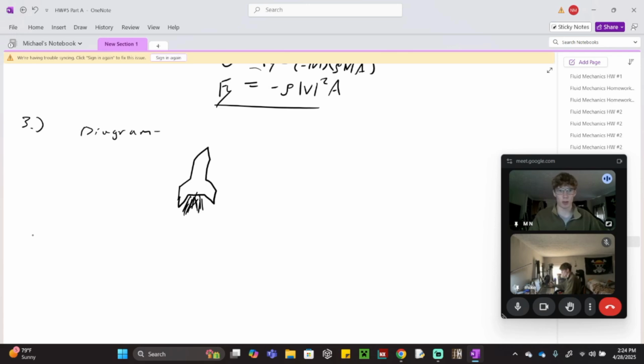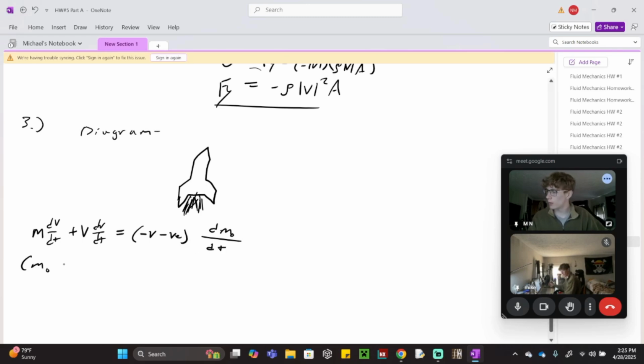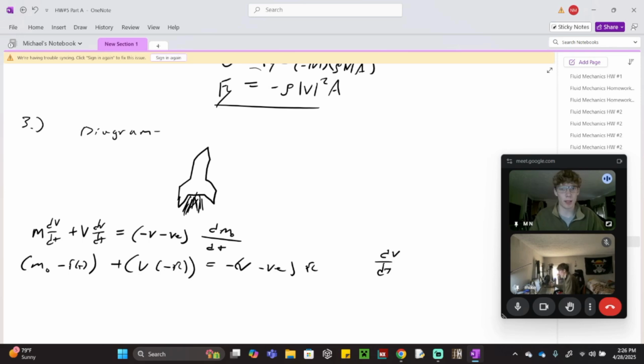So let's start by writing an equation that represents that. We have m dv/dt plus v dm/dt equal to negative (v minus v exhaust) dm0/dt. M0 minus fct, plus v minus fc, equal to negative (v minus ve). dv/dt is equal to v fc over m0 minus fct.